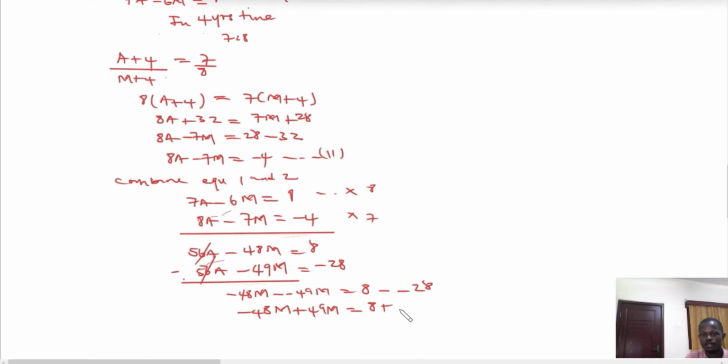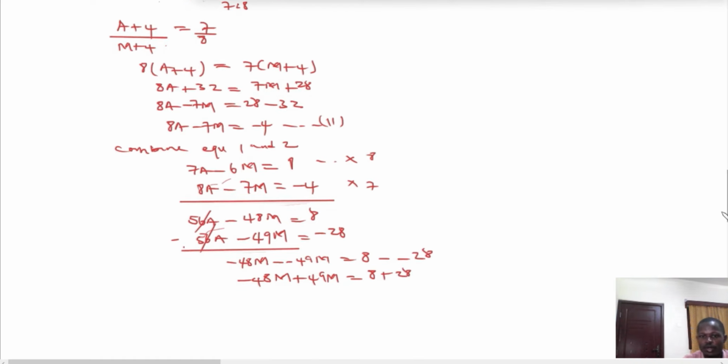So we have minus 48M plus 49M. Bigger number carries the sign: 49 is bigger and the sign is positive. So this is M, and M is equal to 8 plus 28, which is 36.